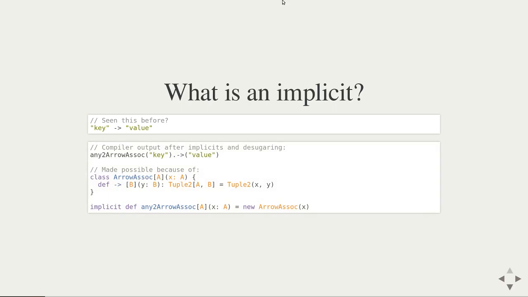It has an implicit def that will convert any value you want into an ArrowAssoc, which has a function available on it called ->. And so under the hood, this line right here is what everything looks like when you desugar it. You take away the nice infix syntax of the function call. That is what the Scala compiler is spitting out.